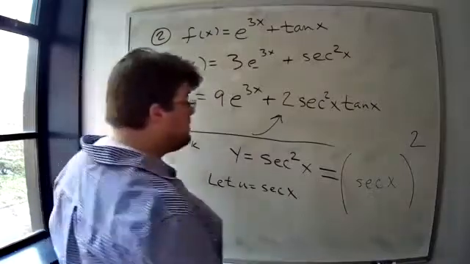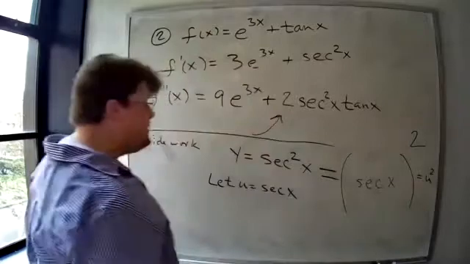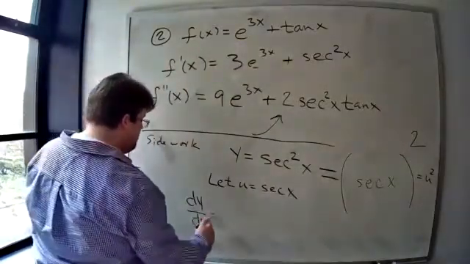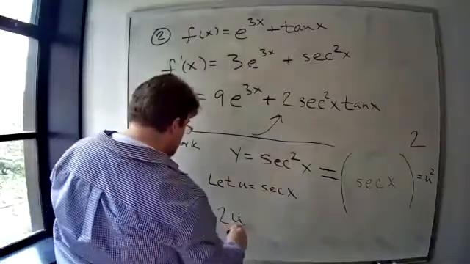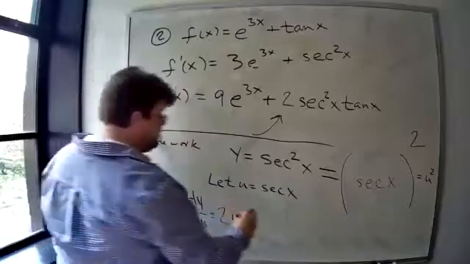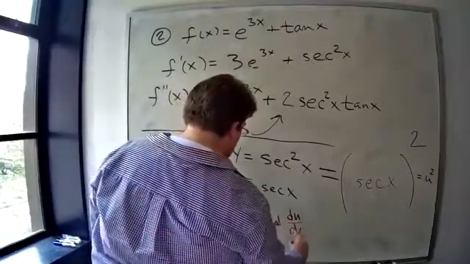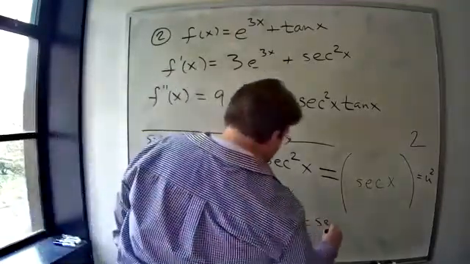If u equals secant x, well, then y is just u squared. If u is secant x, dy du is 2u to the first, du dx, derivative of secant is secant x tangent x.